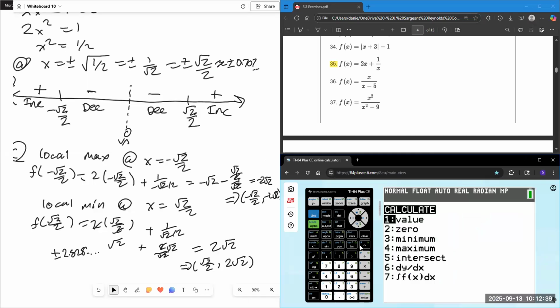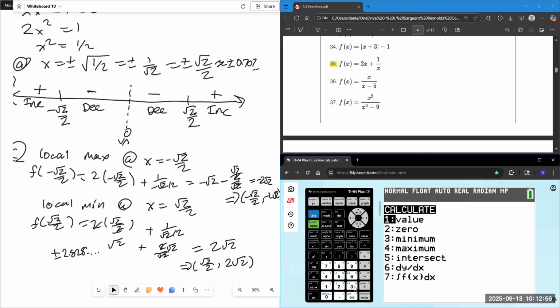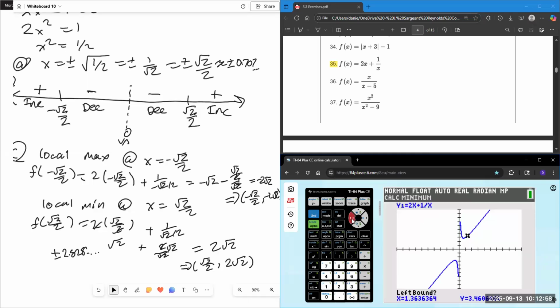Similarly, if we have second calc, let's find that minimum that's on the right side over there. Second calc, minimum. There's something to the left of it. There's something to the right of it.